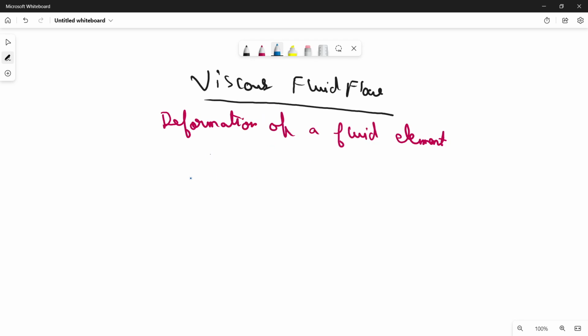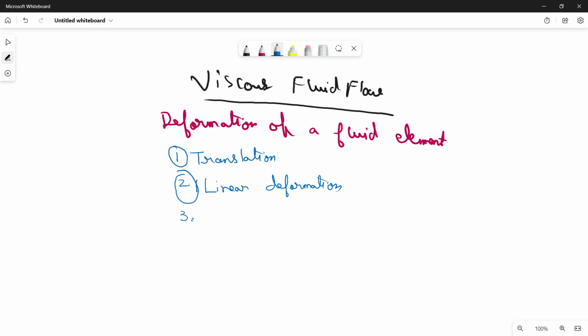four parts. Okay, so number one is translation. Then number two is linear deformation.